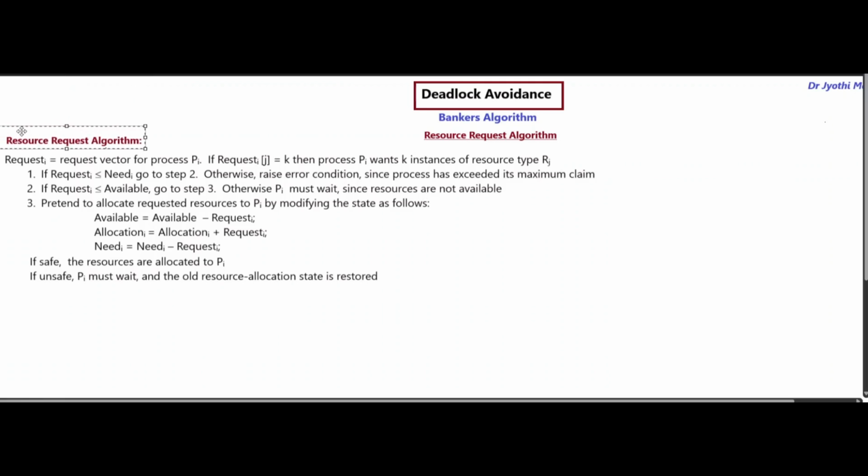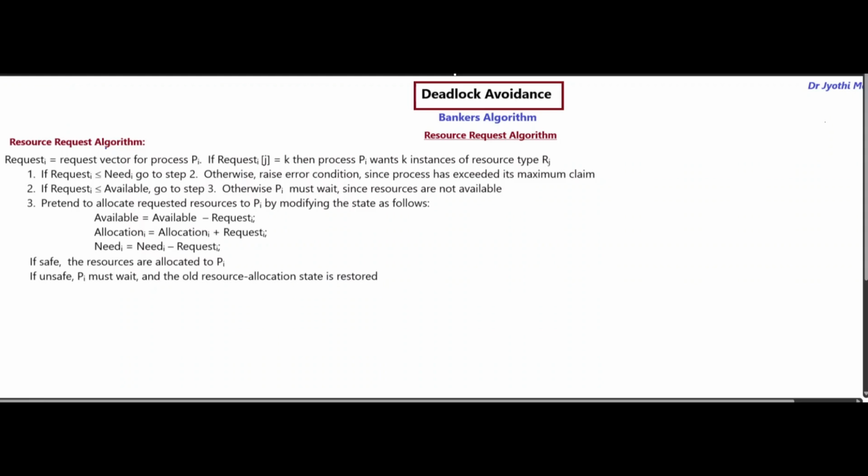What the resource request algorithm says is that a process will be requesting some resources, and the resources have multiple instances. We already know the banker's algorithm is applicable for multiple instances. Let us consider the same example that we considered for our safety algorithm.